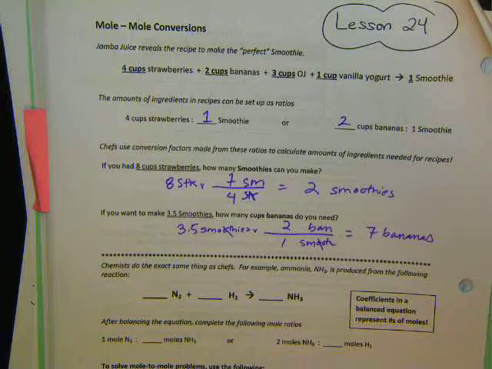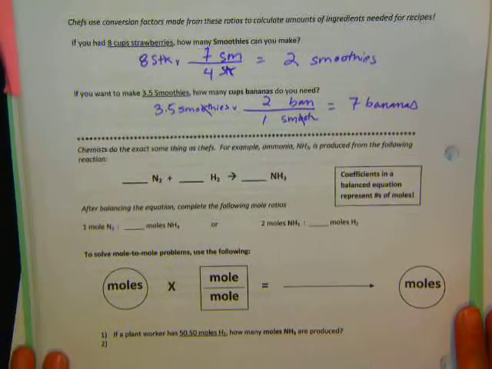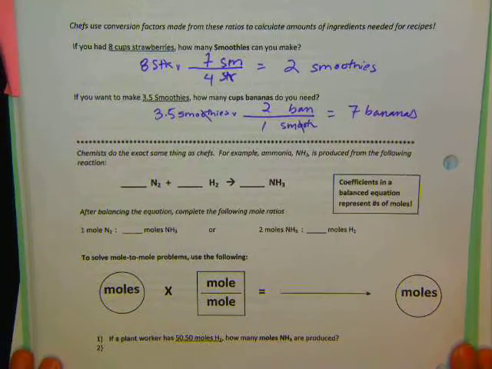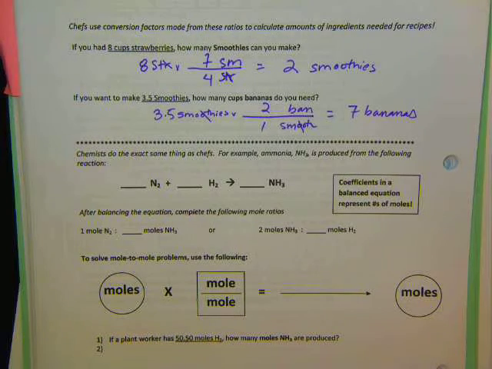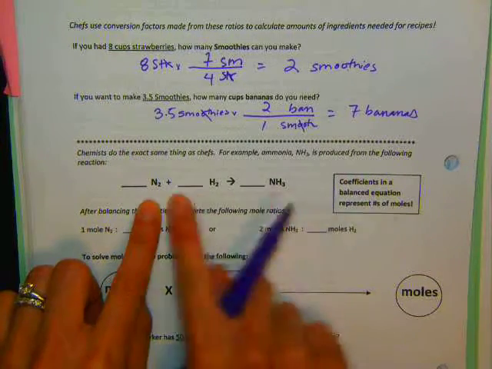Okay. Now let's put scientific words to it. Yuck, right? Now to get the ratios, we actually get them from a balanced equation. Can you take a second and balance this? See if you can balance it.